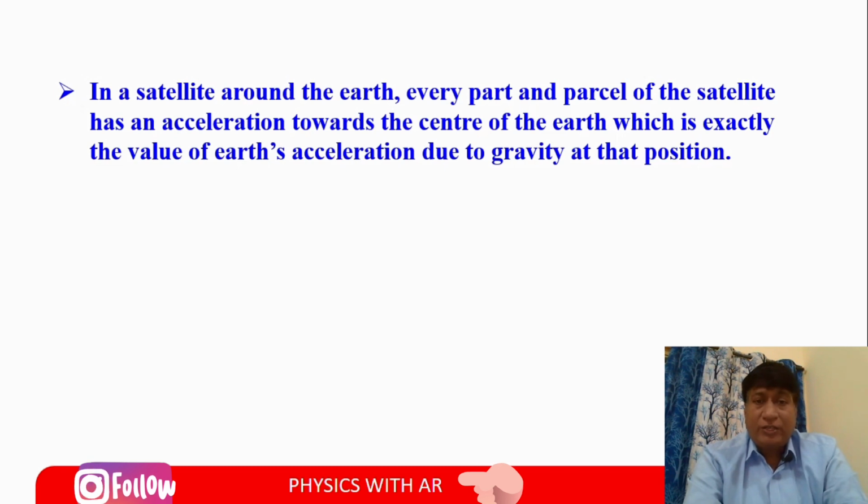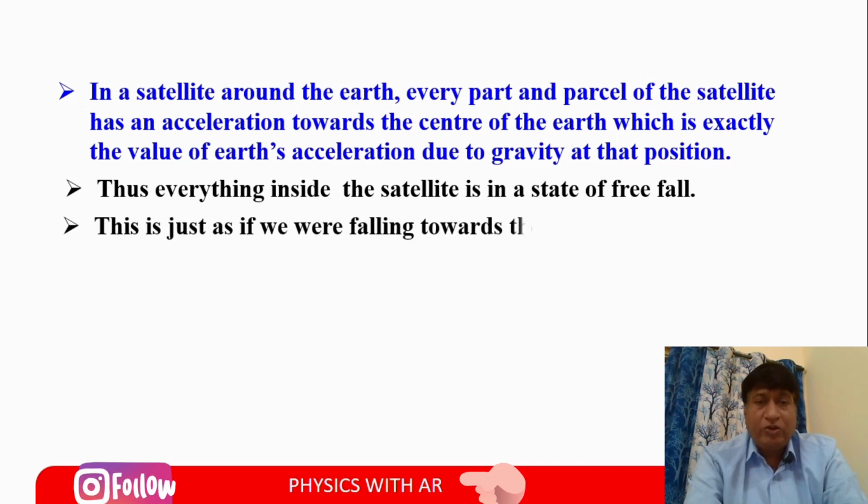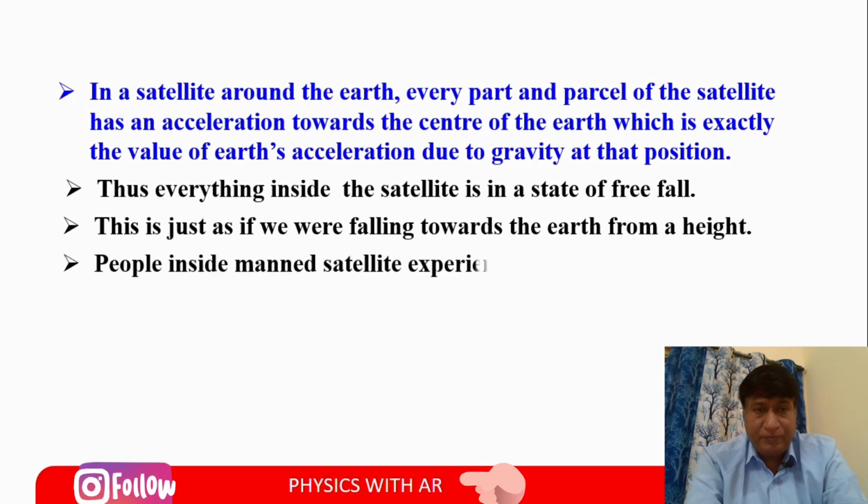In a satellite around the earth, every part and parcel of the satellite has an acceleration towards the center of the earth, which is exactly the value of earth's acceleration due to gravity at that position. So that we can call free fall. People inside a manned satellite experience no gravity.